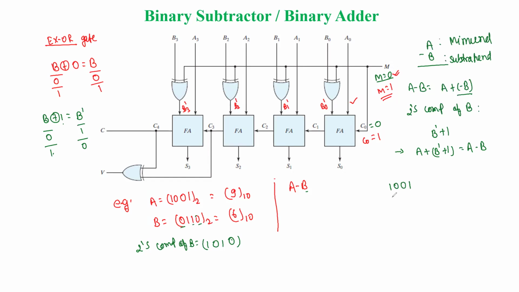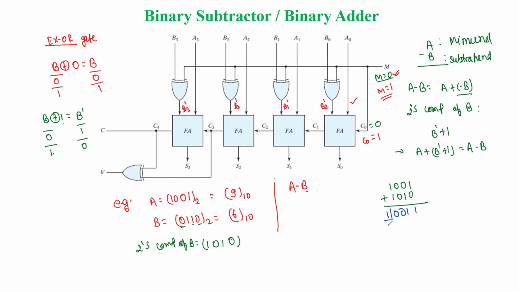So 1001, and 1010. Now for these two we will perform the addition operation. So if you add 1 plus 0, what we'll have? Sum is 1, carry is 0. 0 plus 1, again sum is 1, carry 0. 0 plus 0, 0. 1 plus 1, sum is 0, carry is 1.